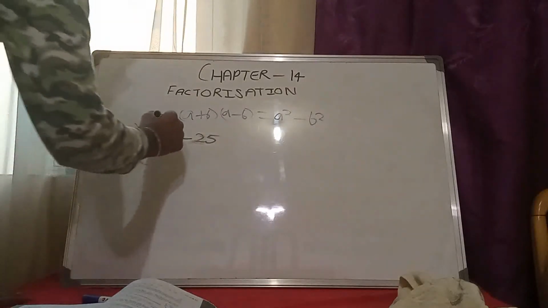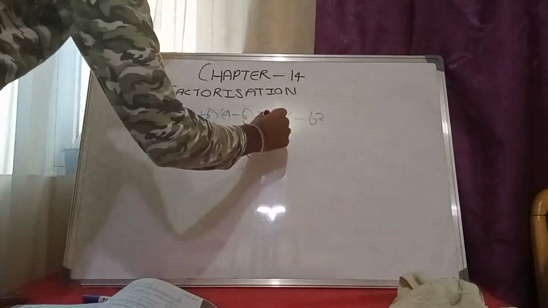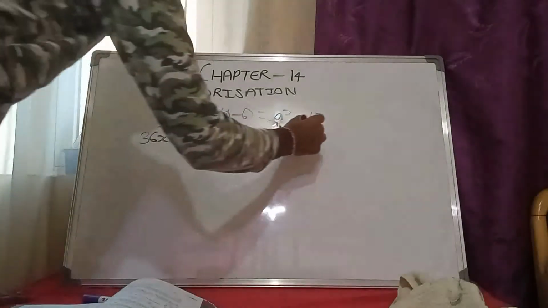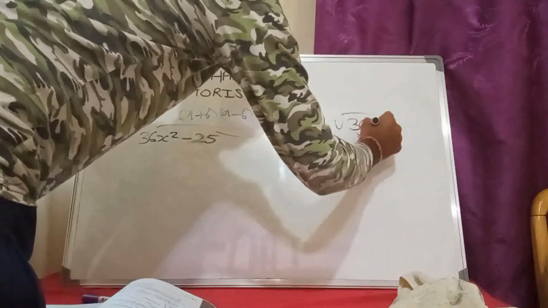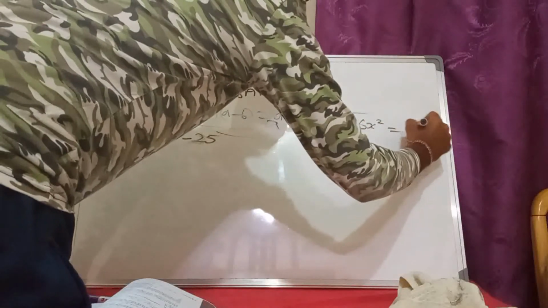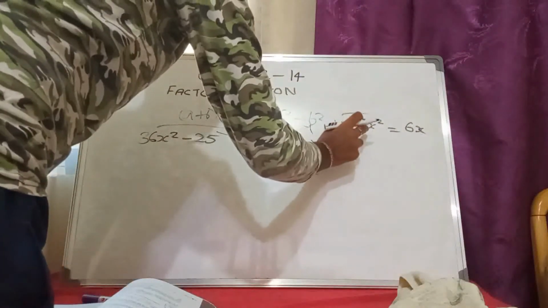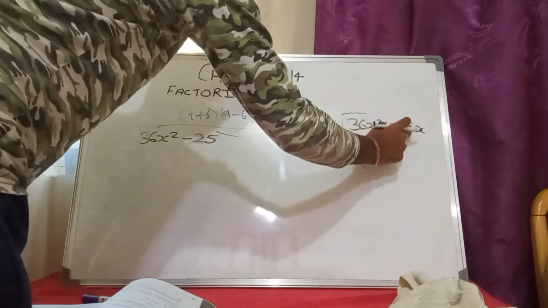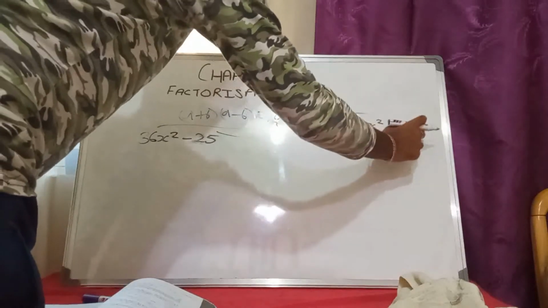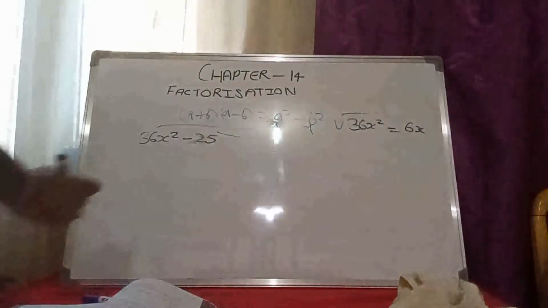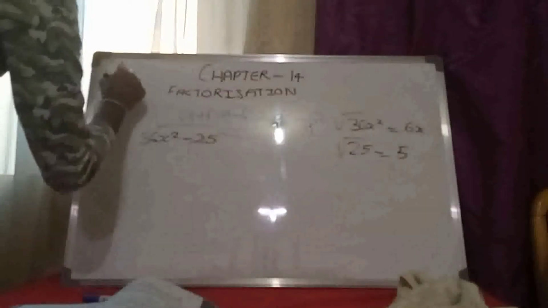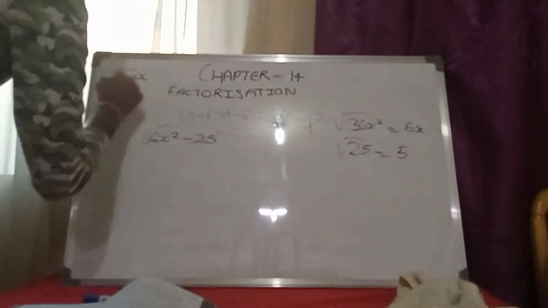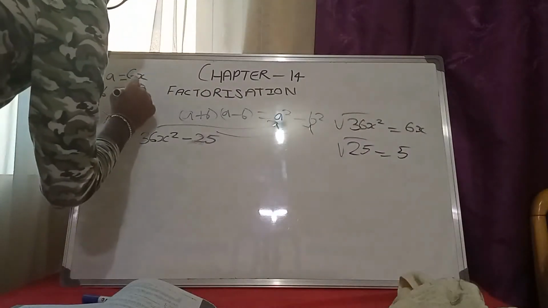Here we can see 36x square will be a square and 25 will be b square. The square root of 36x square will be 6x, as the square root of 36 is 6 and the square root of x square is x. The square root of 25 will be 5. So a equals 6x and b equals 5.